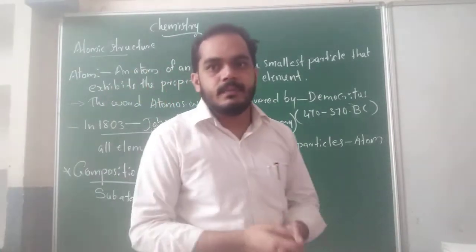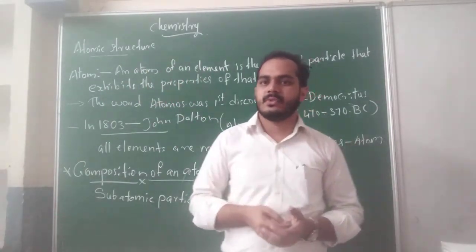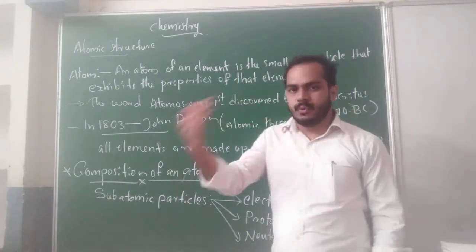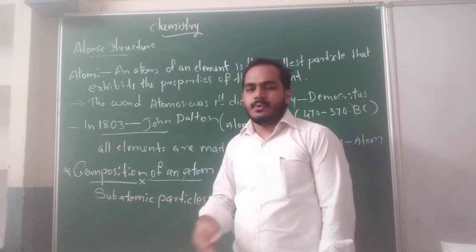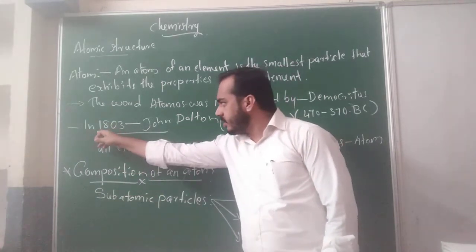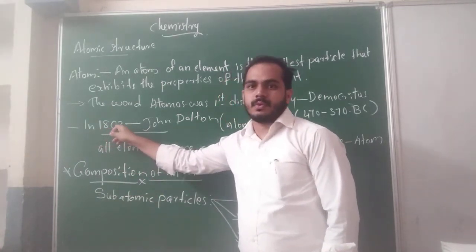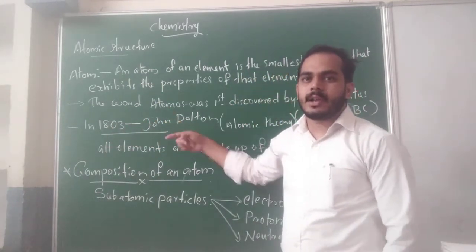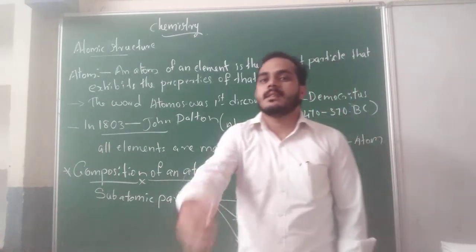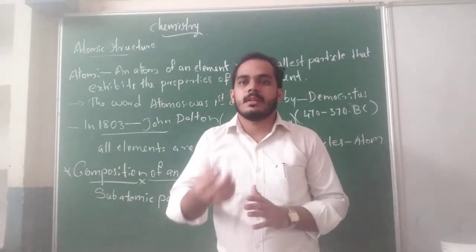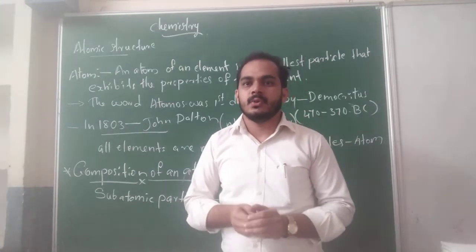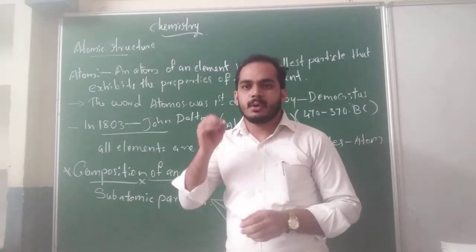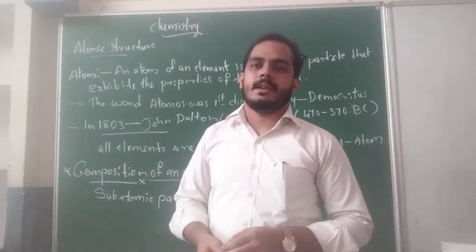Later, the Indian philosopher Kanada also discovered the atom. Then after a few years, in 1803, one of the famous scientists, John Dalton, discovered the atomic theory. He wrote the atomic theory, which also gives a detailed explanation about the atom.